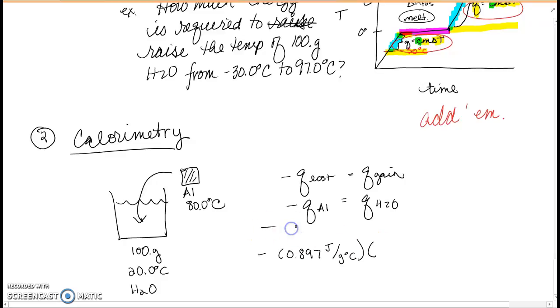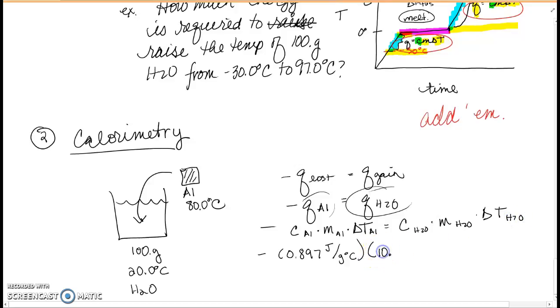Oops, I skipped a step. Let me write the formula. I'm jumping ahead without bothering to write it for you. I should write it for you. Q is Cm delta T. So negative C of the aluminum, mass of the aluminum, times delta T of the aluminum is equal to Q for the water, which is Cm delta T for the water. So C of the water, mass of the water, delta T of the water.